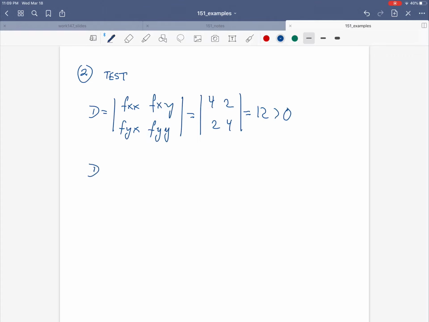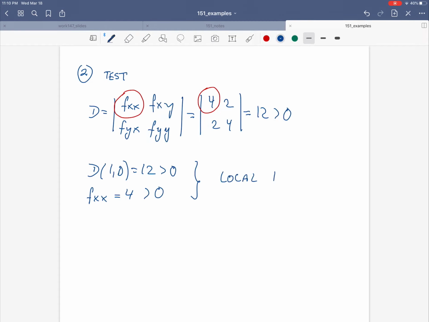So D evaluated at (1, 0) will be 12, and that's positive. To decide, we need the f_xx derivative, which is equal to 4. That's positive. So the test tells us that we really have a local minimum.